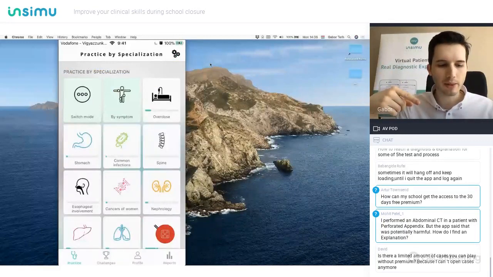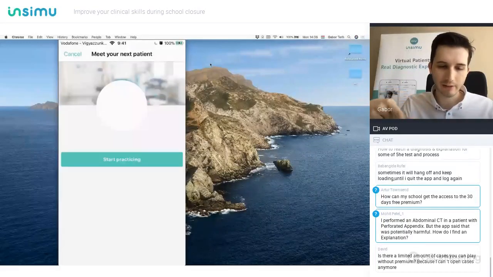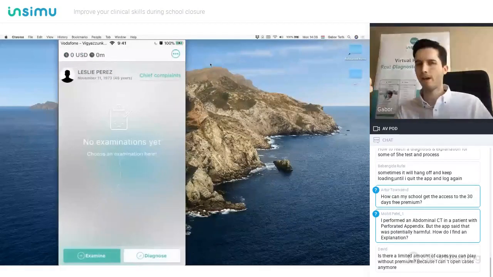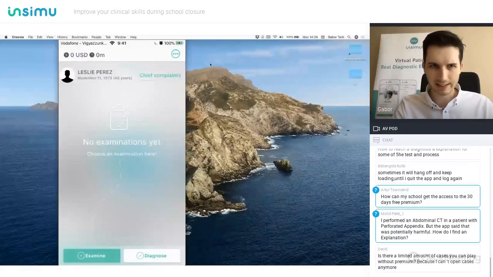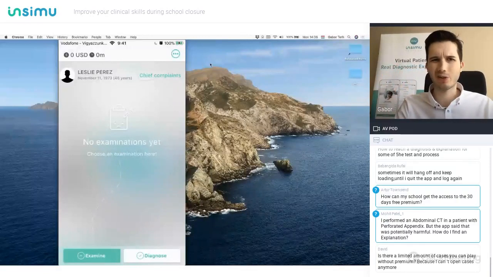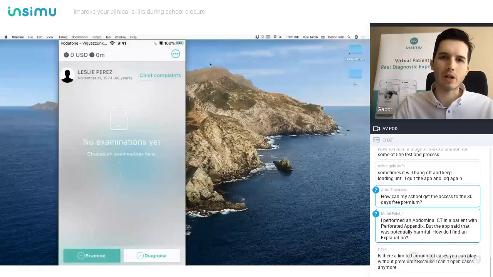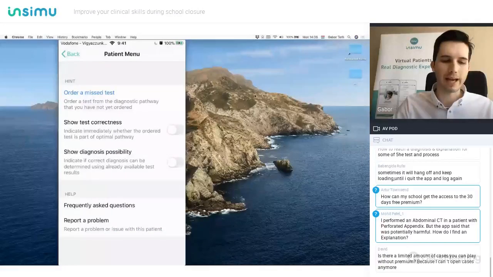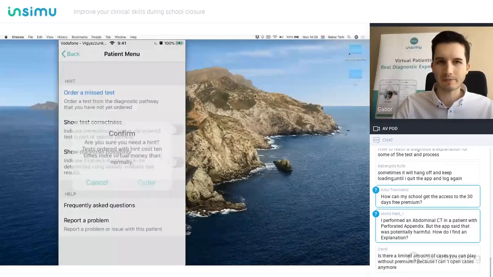I will also show you something more, which is what to do if you're stuck with the case. There is this new case, Leslie. If you really do not know where to continue, but you do not want to pass this patient and do not want to pick just a random diagnosis for that case, you can go under these 3 dots and ask for a hint, order a missed test from the pathway. You can do that 3 times.